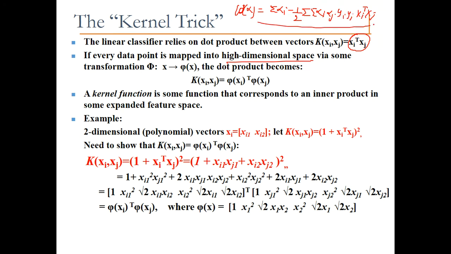This equation was there, so it has come from this quantity. So xi transpose xj, this will be treated as kernel. Currently here it is a linear kernel. It is called linear. But once data is non-separable, we shall transform it into a polynomial kernel.